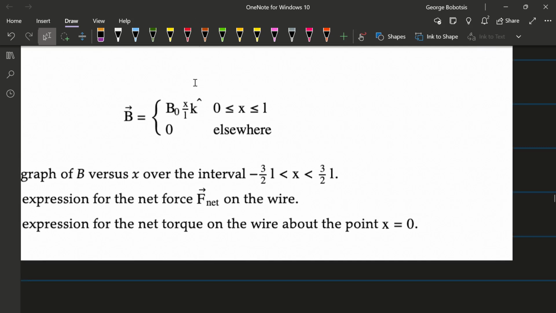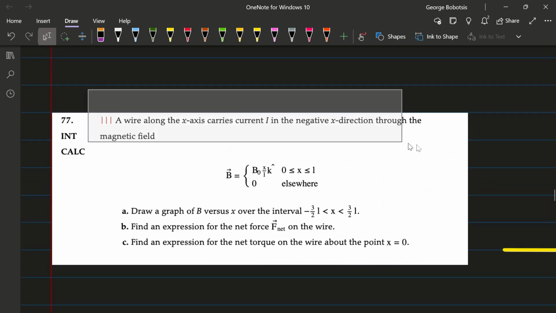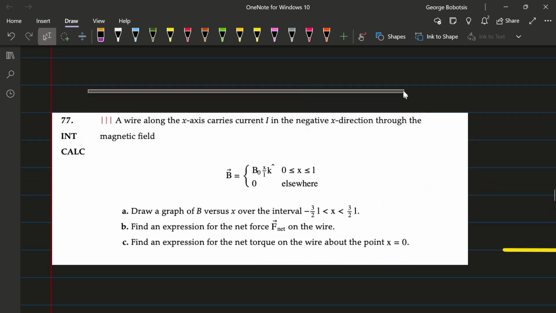So if x goes from 0 to L, we exist. If this is L, then you're going to get B naught over L. That's all we know. Okay, so L is arbitrary here. It hasn't been specified. I have no idea if it refers to the length of the wire, but the wire seems to be infinite, according to the surrounding text.